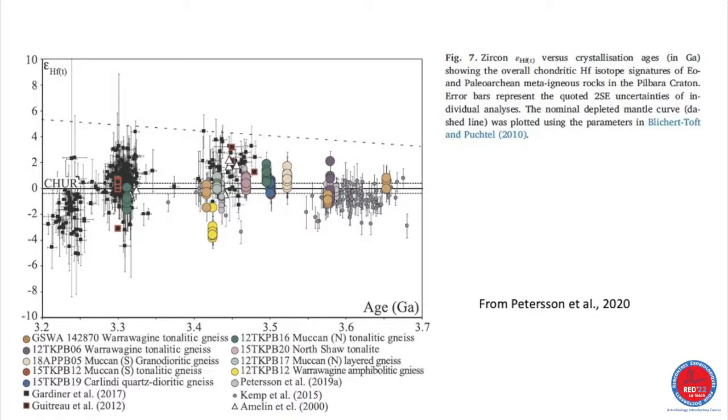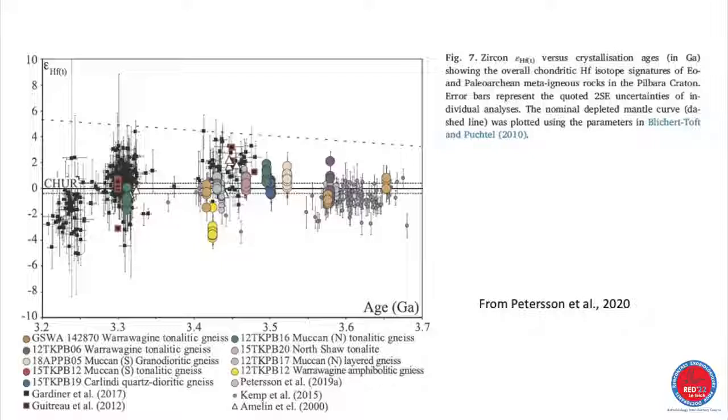They drew the same conclusion using the epsilon hafnium value for the same rocks. If you look at the data, they keep more or less the line epsilon hafnium 0. Maybe not so much, however, the conclusion was more or less, yes, it is epsilon hafnium 0.